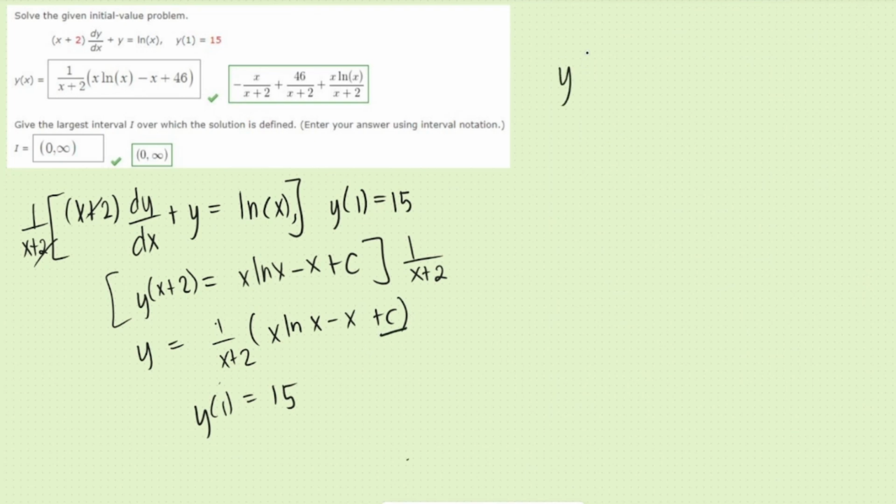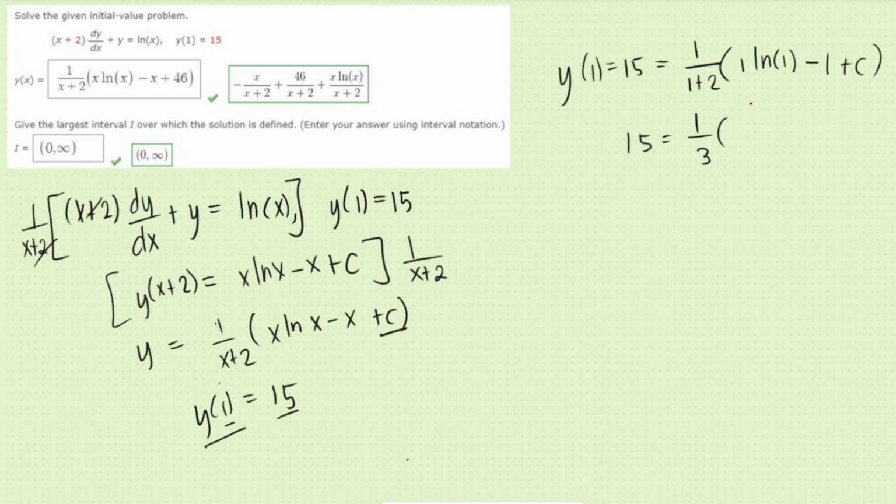So y of 1 is equal to 15. This means that if the value of x is equal to 1, the value of y is 15. So we're going to plug in x as 1. So 1 over x plus 2 is 1 over 1 plus 2, x is 1, ln of 1, minus 1 plus c. So 15 is equal to 1 over 3, since 1 plus 2 is 3, and ln of 1 is just 0, minus 1 plus c.